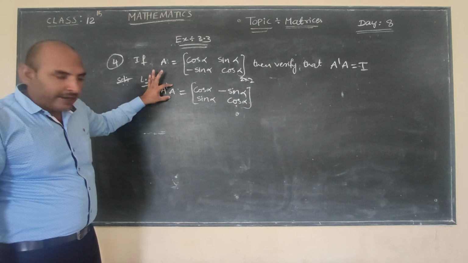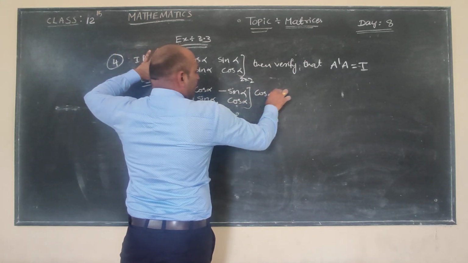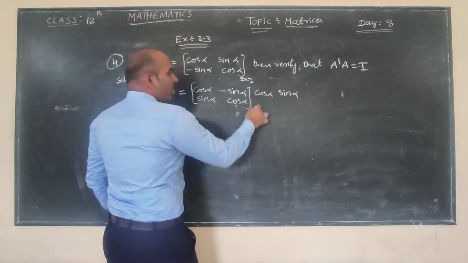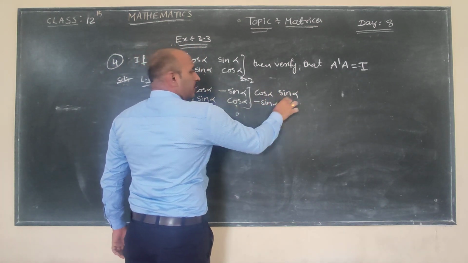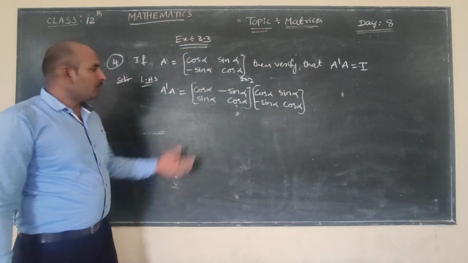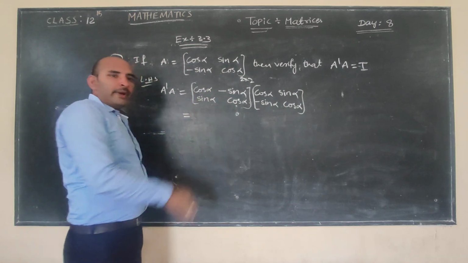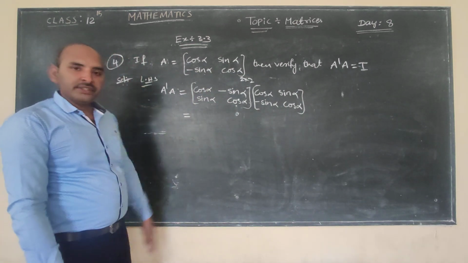Next, multiply with the same matrix. Here the capital A matrix is again cos alpha, sin alpha, minus sin alpha, cos alpha. A transpose and again capital A, both are 2 by 2 matrices. The product exists.